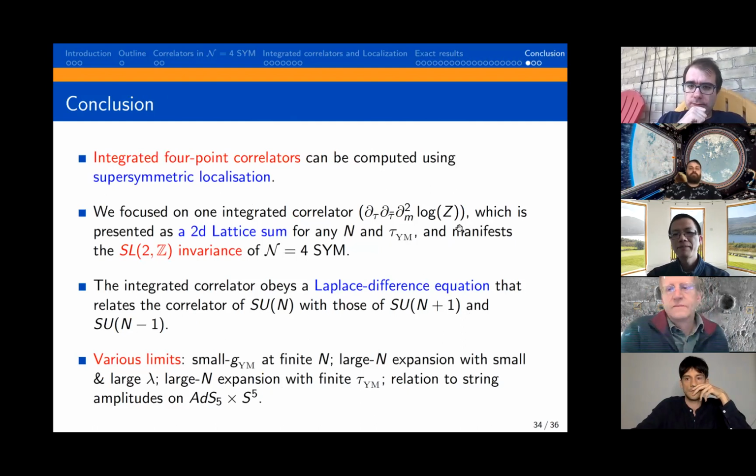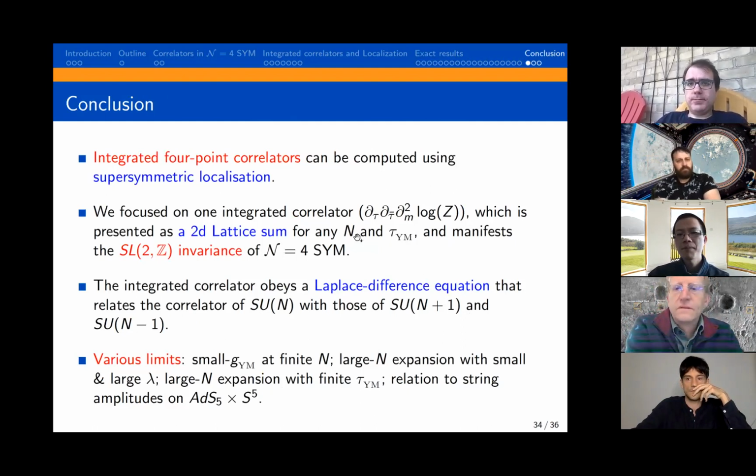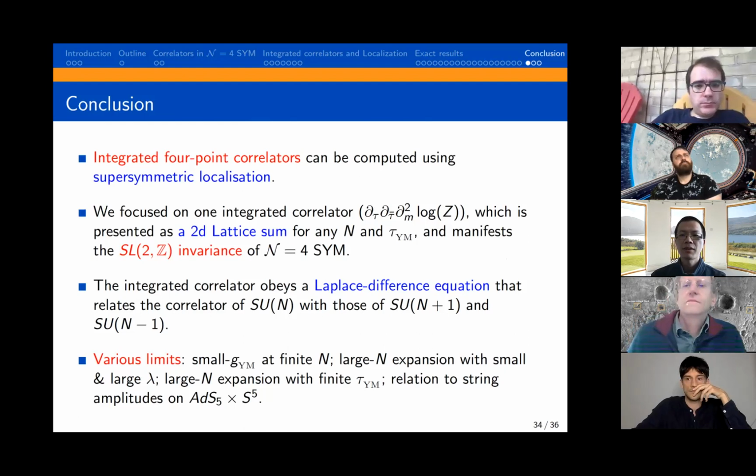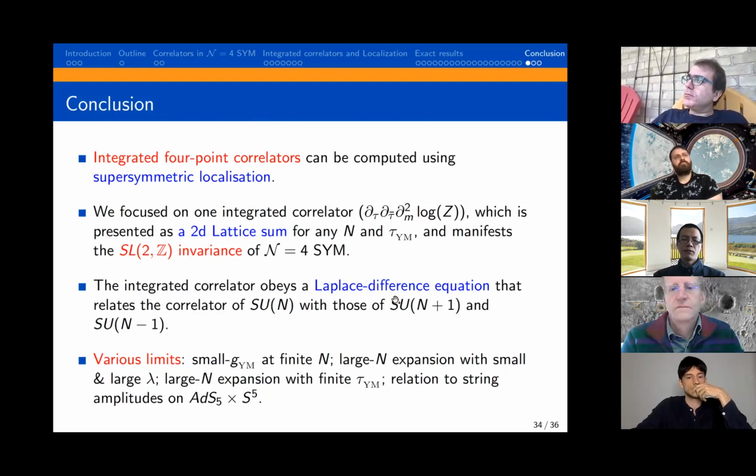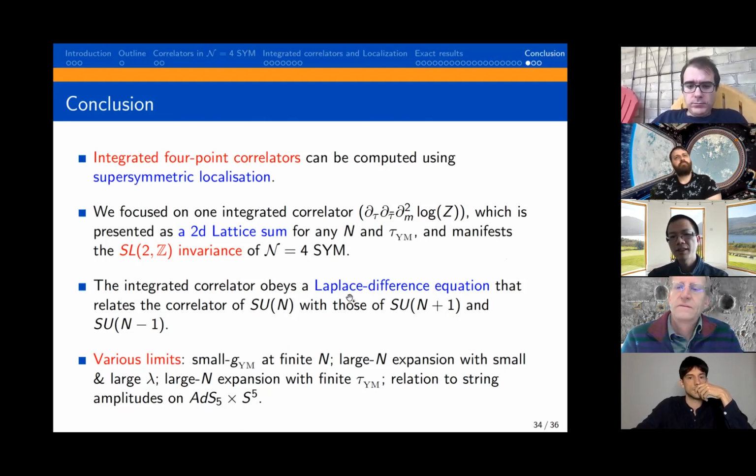For this one, we were able to write a formula for arbitrary N and arbitrary coupling. The formula makes manifest the SL(2,Z) invariance of N=4 super Yang-Mills. And for that formula, we found that it obeys an interesting Laplace difference equation that relates correlators for SU(N) to those for SU(N+1) and SU(N-1).